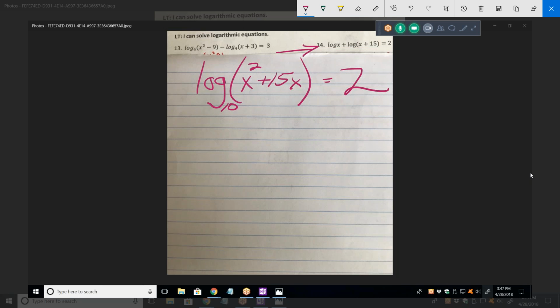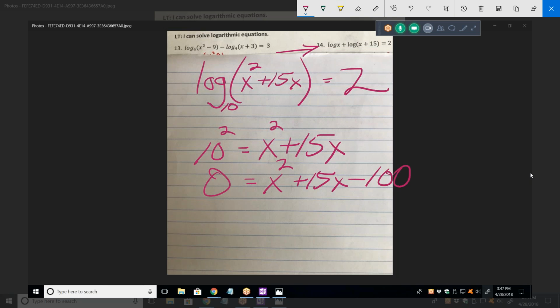Okay, now put that into an exponential expression. Isn't it just 10 squared equals x squared plus 15x? Correct. Now we're going to solve that. We get 0 equals x squared plus 15x minus 100.